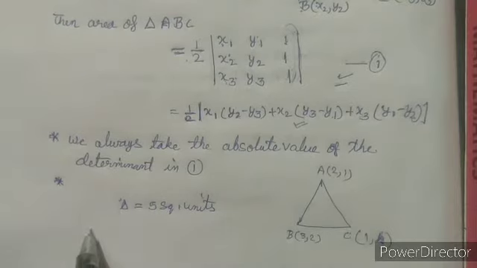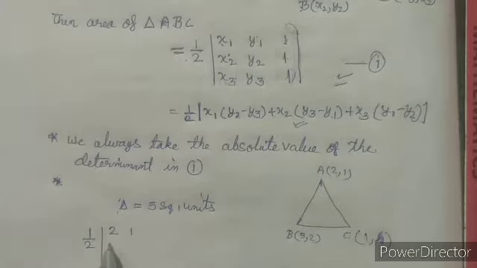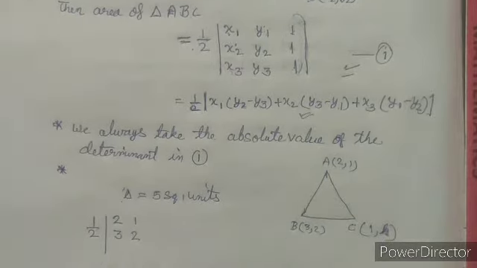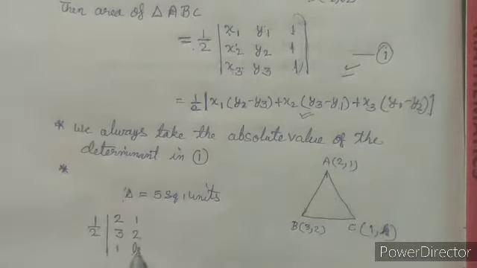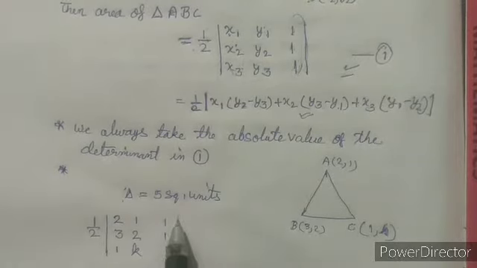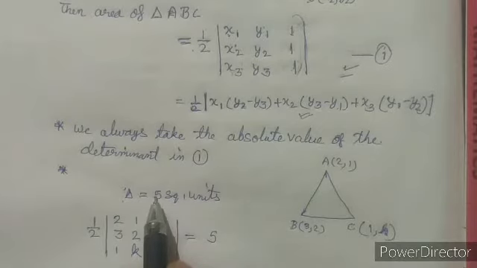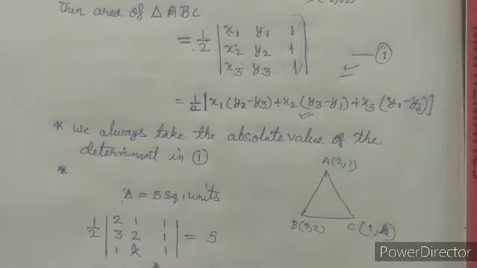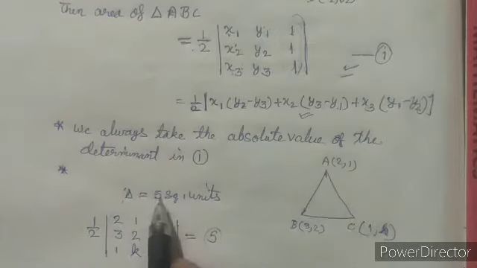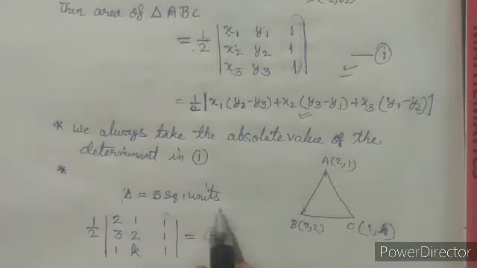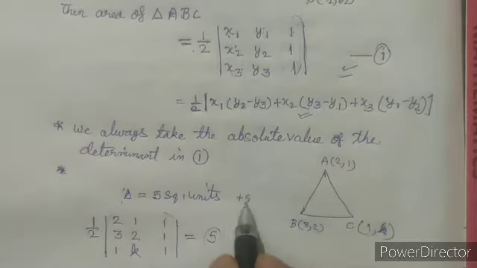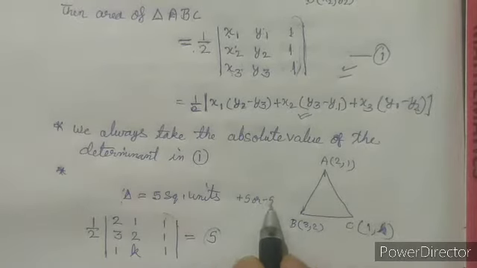Now the area of the triangle will be given by half, with rows 2 1 1, 3 2 1 and 1 k 1, and that will be equal to 5, as the area of the triangle was equal to 5. But as we know that the area of a triangle cannot be negative, we are taking only the positive absolute value of the area. That means this 5 can be plus 5 or minus 5.